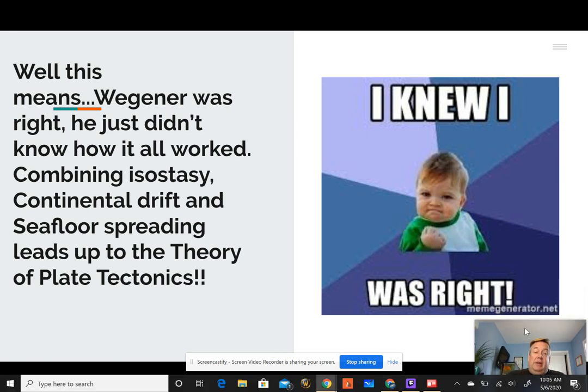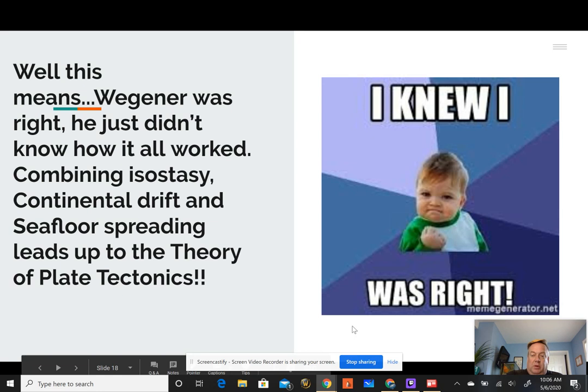This means that Wegener was actually right. He didn't know how it worked, but if we combine isostasy, so the continents floating on the magma, continental drift, so Wegener's theory that because of the fossils, the diamonds, and the puzzle pieces, the continents were once connected in a supercontinent called Pangaea, and seafloor spreading, we add all of that together and we get plate tectonics.